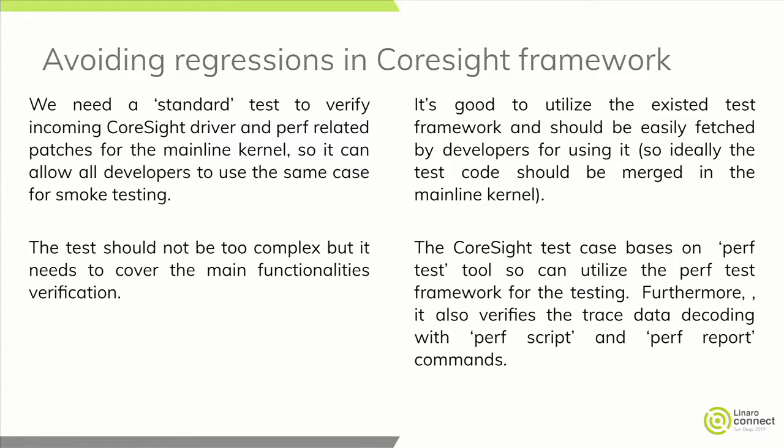Another thing is that we want the test cases to use the same code base as the kernel and Perf. We found that Perf test has a framework, so we can just add some testing scripts. This allows, for example, a developer to verify their own patch simply by using the mainline kernel to test Perf. So this is the purpose.